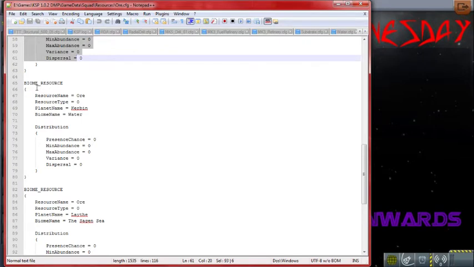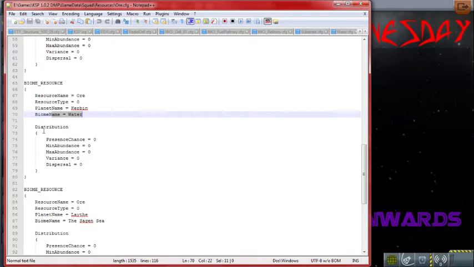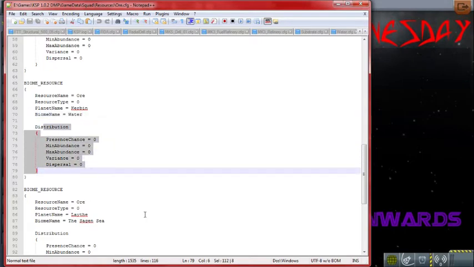Again, biome resource. This one is Kerban, and in Kerban's water there is no ore. So this excludes Kerban's oceans from having ore that is mineable in them.